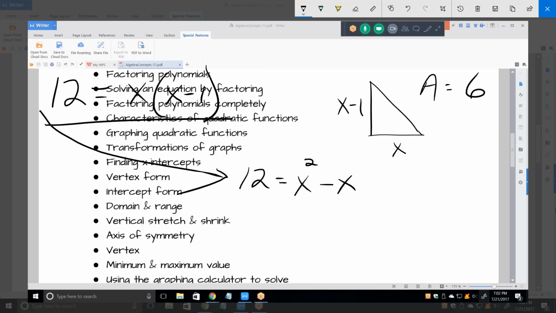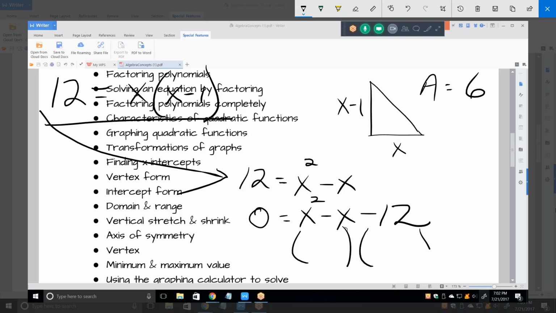Okay, how do I get one side to equal 0? Subtract 12. Okay. Now I'm getting it closer and closer to something that looks really familiar. That's a quadratic. I can factor that. I've taught you how to factor it.